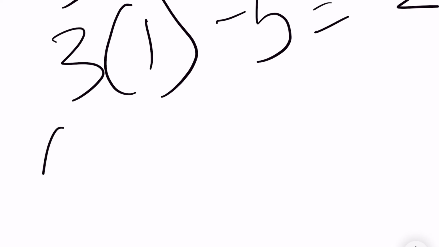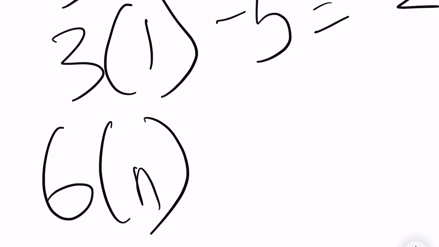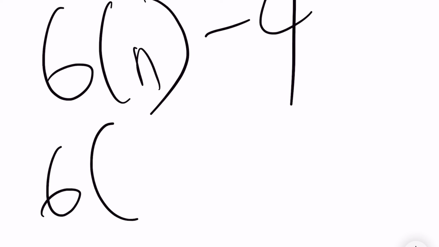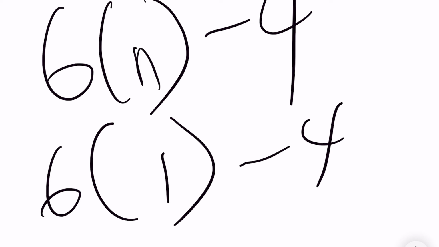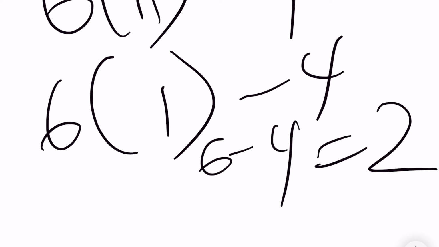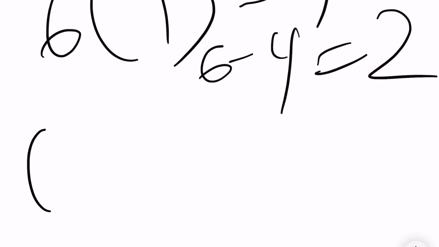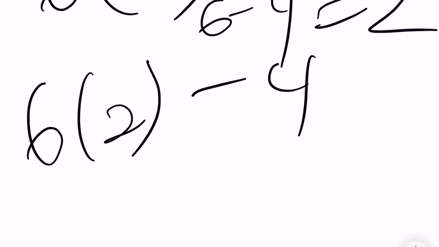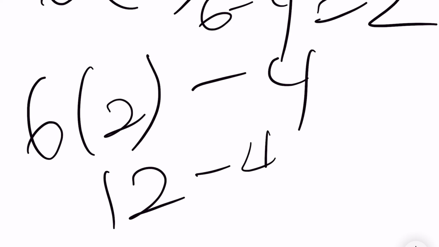Let us try 6n minus 4. So where we have 1, 6 minus 4. We have it to be 2. Let's try 6 when n is 2 minus 4. This is 12 minus 4. We have it to be 8.